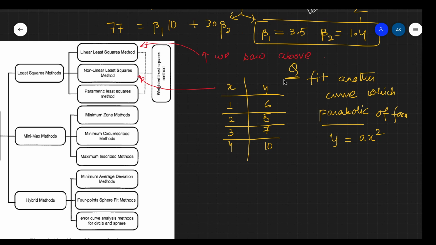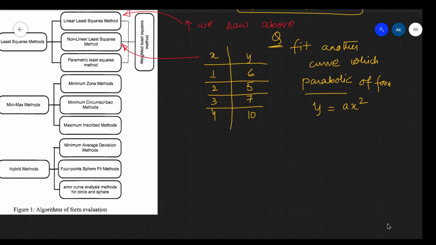So how to do this? A very smart method is the same conventional method. The conventional method is to find the error. The error will be yi minus a xi square, and then we will square the error first and sum it up. So the sum of yi minus a xi square, whole square.